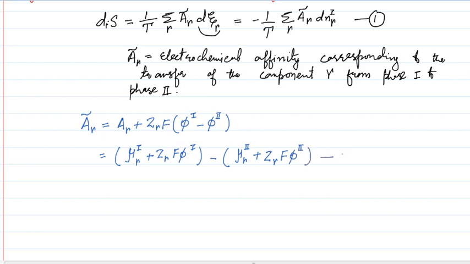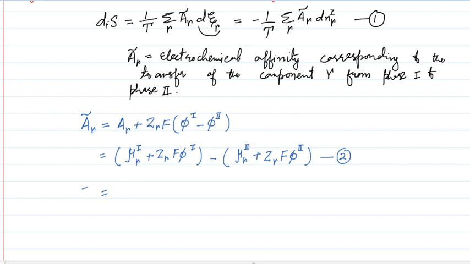because in this case we are considering that the pressure and electrical potentials can change. So we can simply write it as this relation.